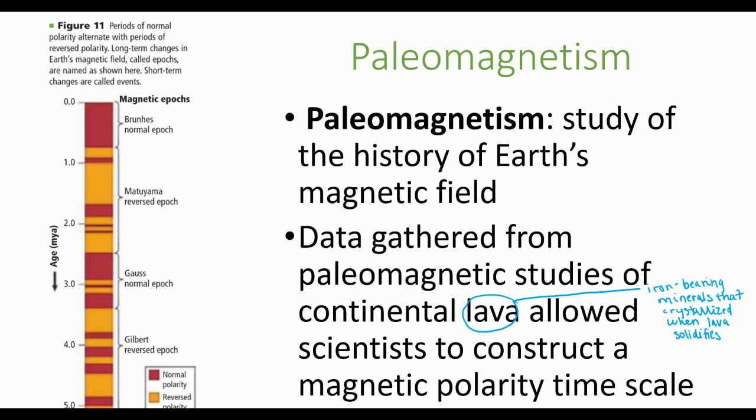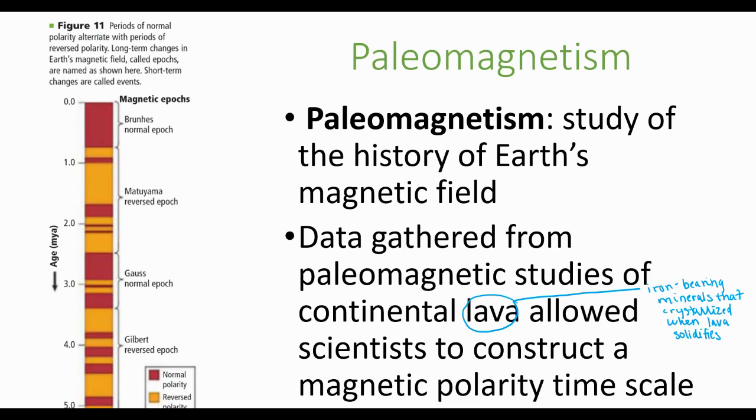So let's say that we have an eruption of some sort and we got lava flowing around. The iron-bearing minerals in the lava are going to align with the current magnetic field. And depending on the way that the field aligns, the scientists can construct a magnetic polarity timescale.